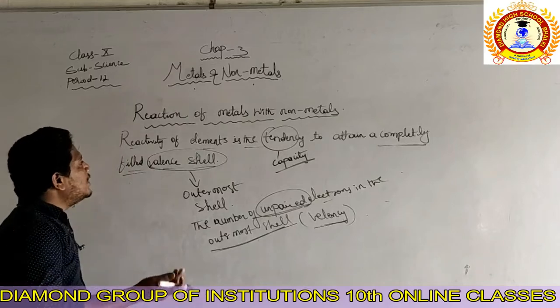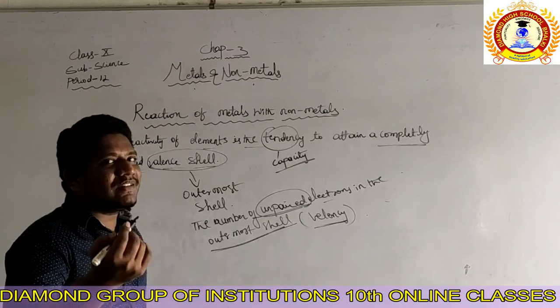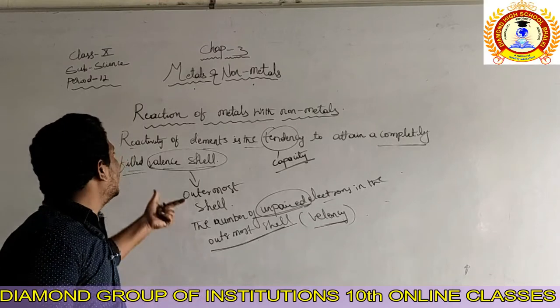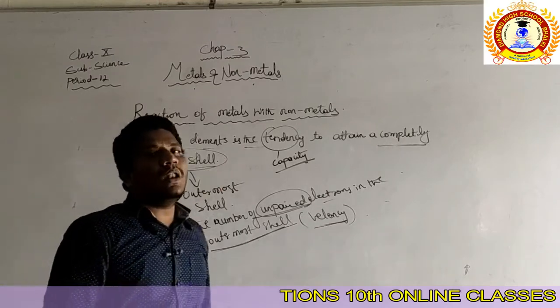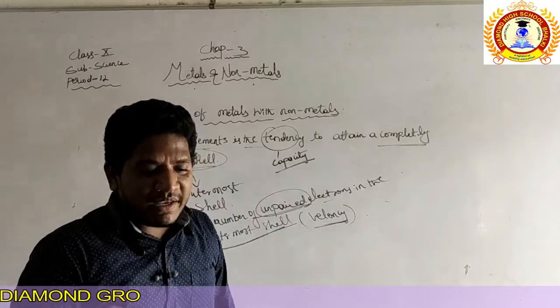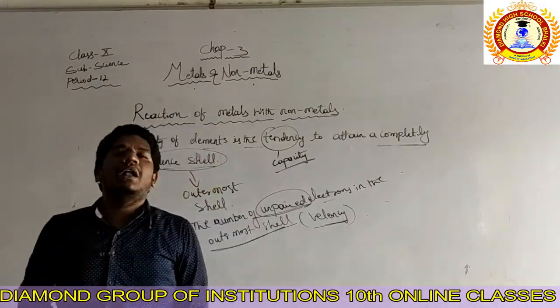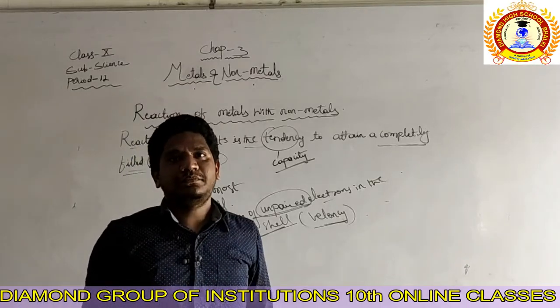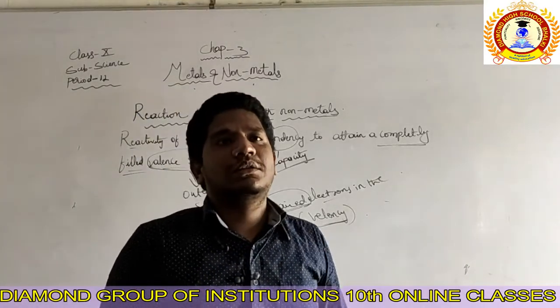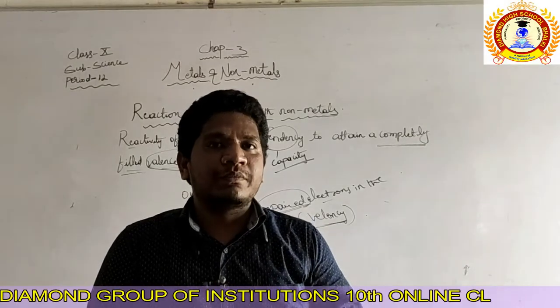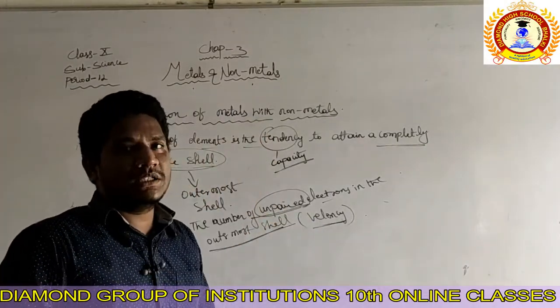So in the outermost shell, what the elements try to do is attain their completely filled valence shell. In nature, the maximum number of elements are unstable. To become stable, they try to react.